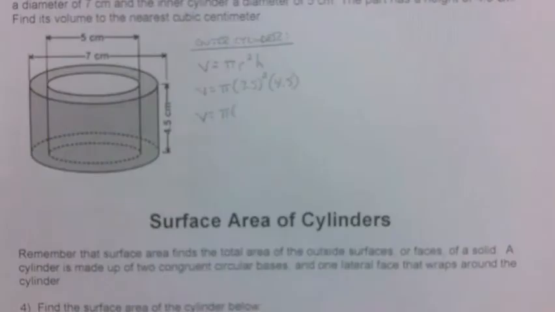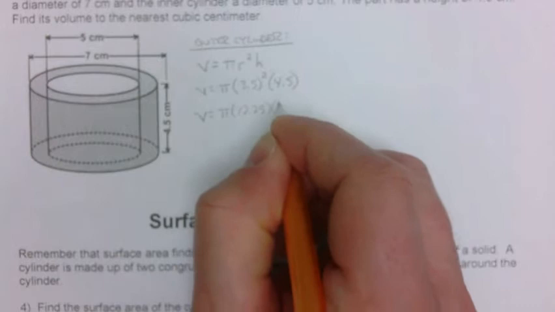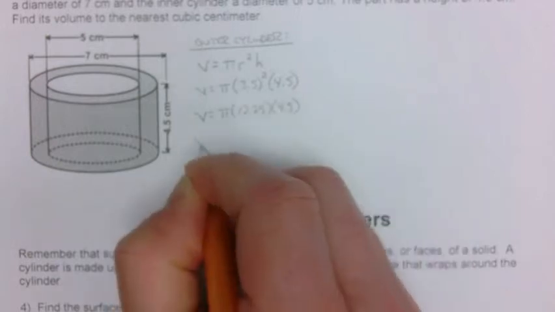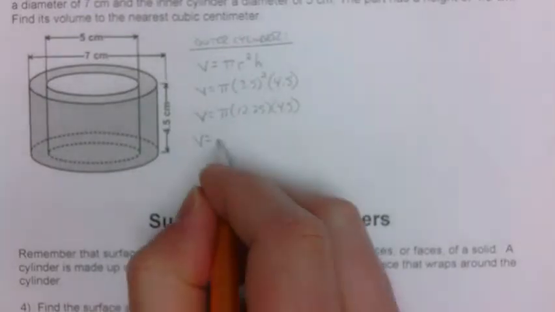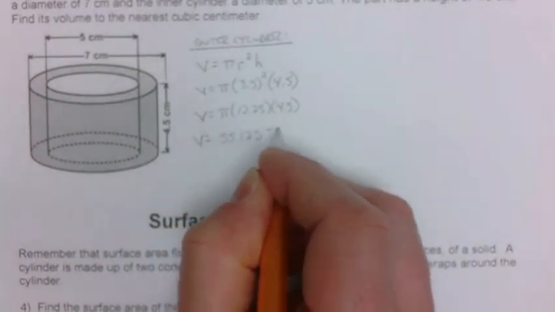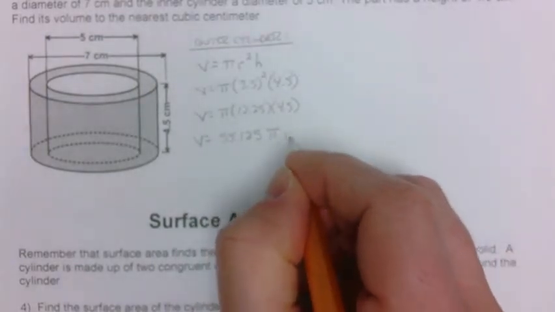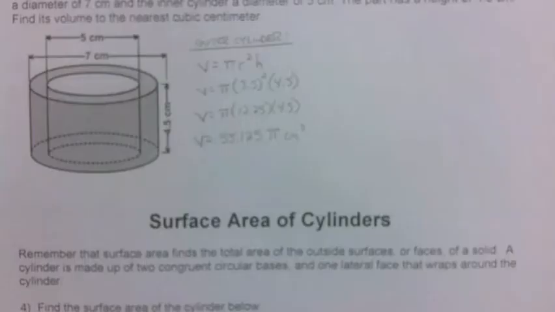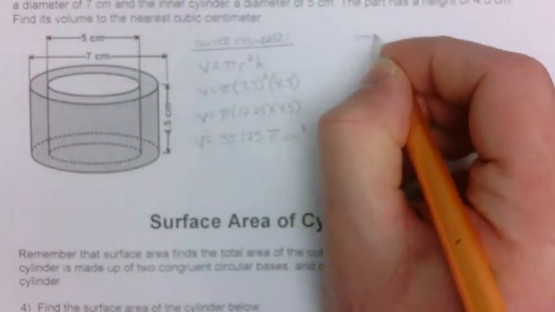Okay, so 3.5 squared gives me 12 and 25 hundredths. And then I'll multiply that by 4.5, and I get 55 and 125 thousandths pi. I'm going to keep this in terms of pi for now, and the units are going to be cubic centimeters. I'm now going to find the volume of the inner cylinder.